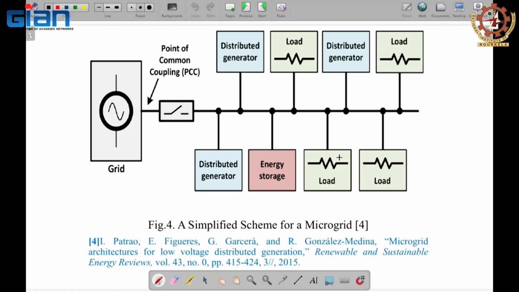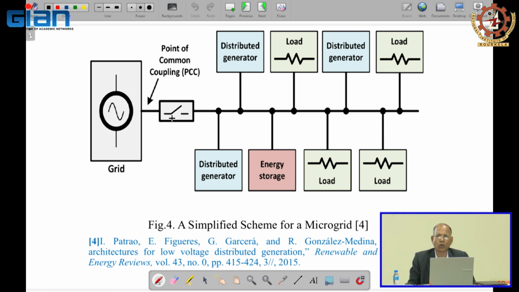Then of course we have the electrical loads, and then just to maintain the real power generation and consumption, we have the storage system. Not shown here, we will discuss that in a power system we have to maintain balance for the active power and reactive power in real time.